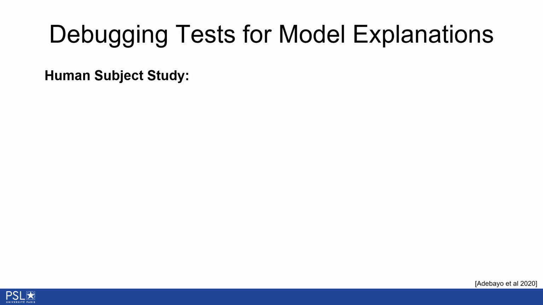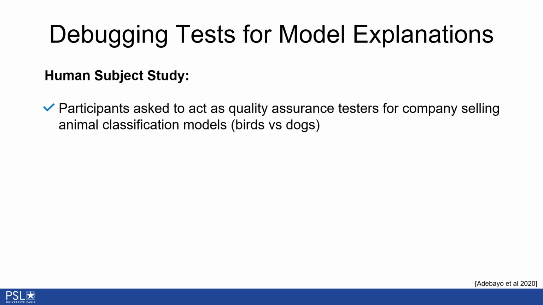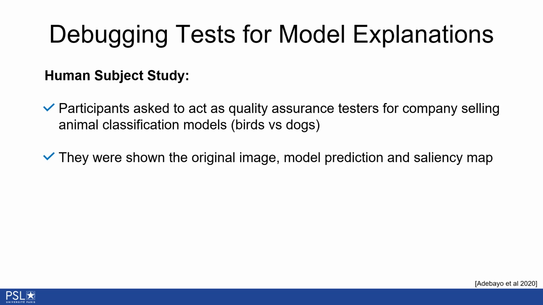In this human subject study, the participants were asked to act as quality assurance testers for a company selling animal classification models, specifically models designed to distinguish birds and dogs. In each test, the participants were shown the original image, the model prediction, and the corresponding saliency map.